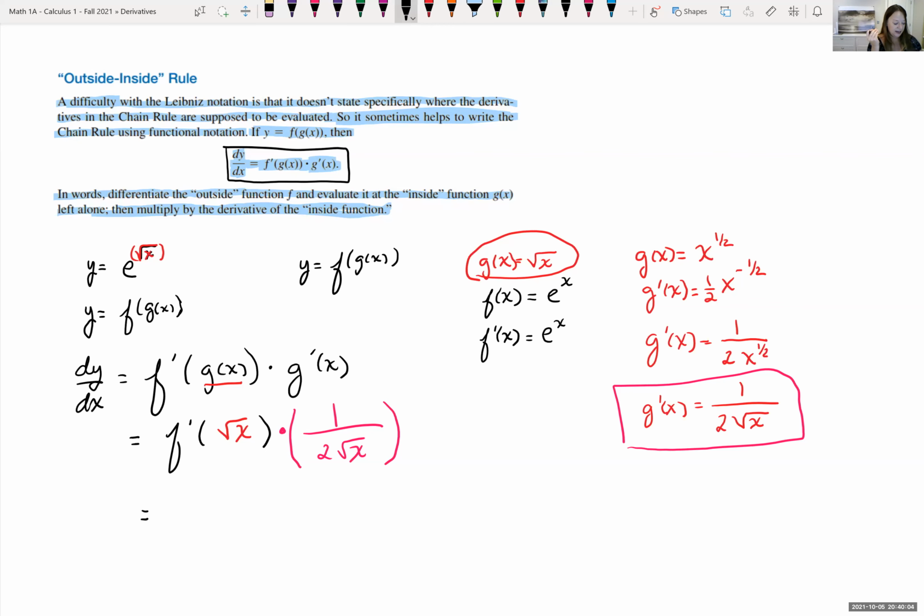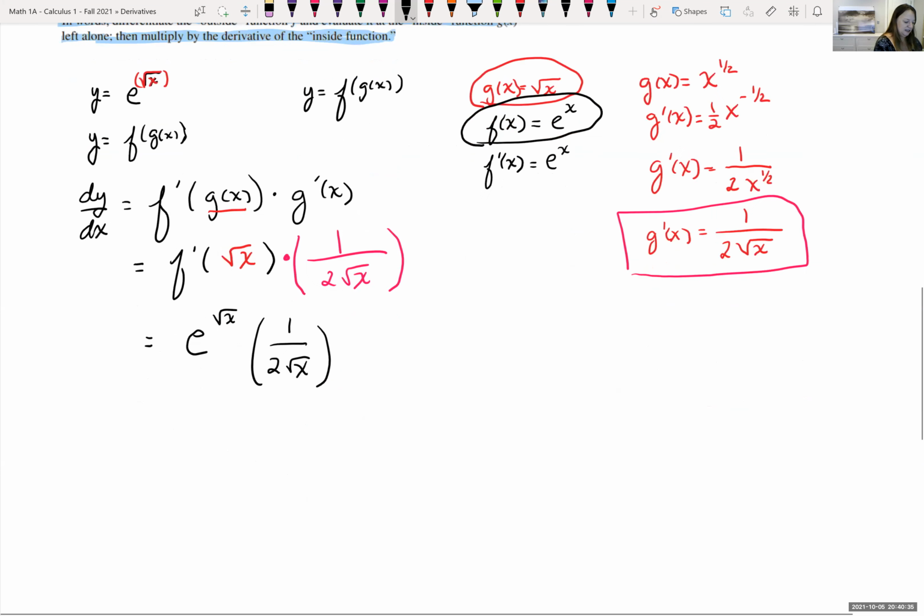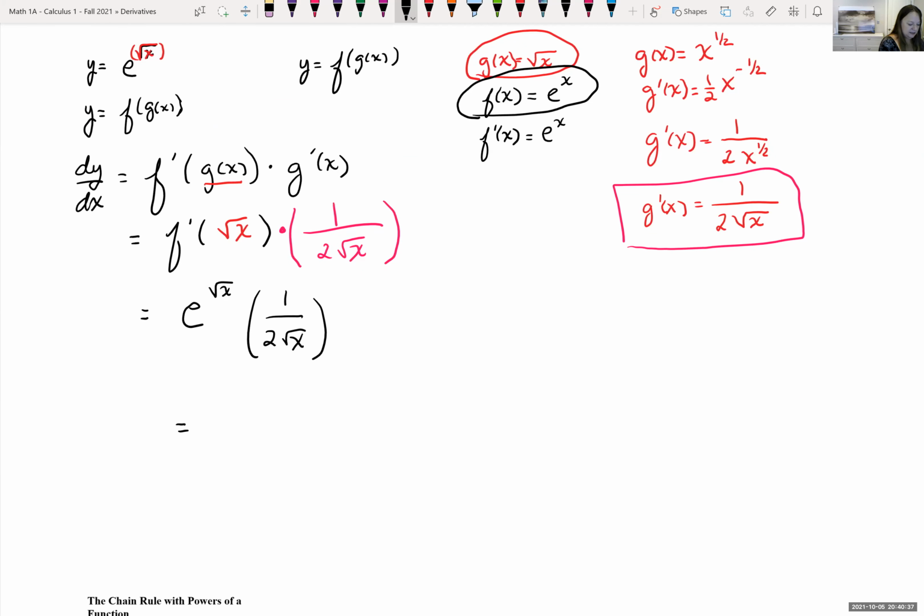We're plugging in square root of x wherever we see an x in our f of x function, e to the x, so we get e to the square root of x, all times 1 over 2 square root of x. I would probably rewrite this as a single fraction: e to the square root of x all over 2 square root of x.